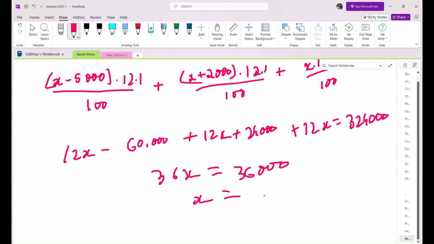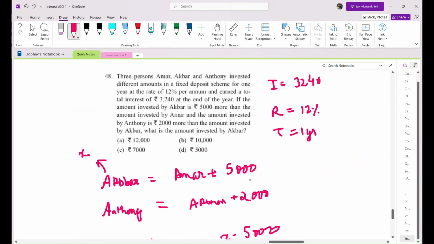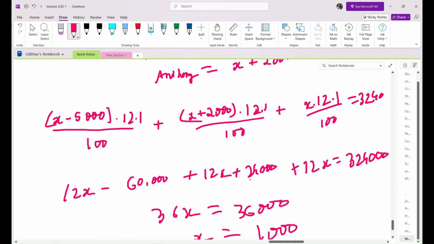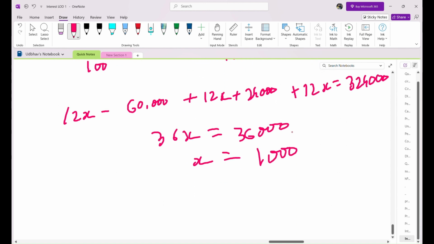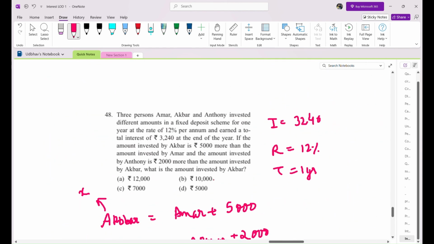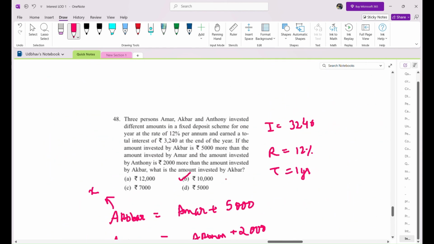So x equals 10,000. One more zero is there. Yeah, 10,000.